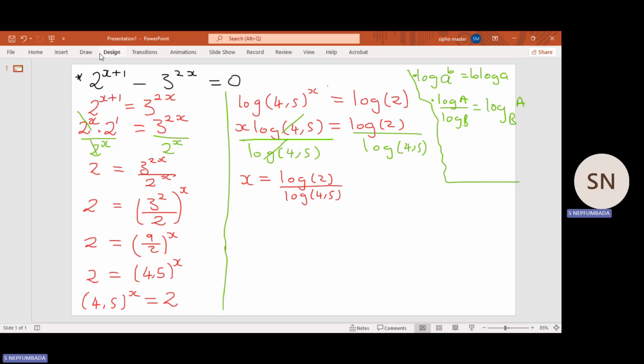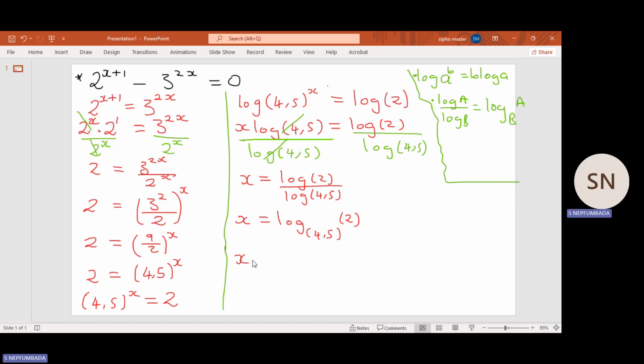That rule is called the changing base law. So here we have x equals log base 4.5 of 2. Then we press our calculator, we see our log under the on button. This is log base 4.5 of 2.